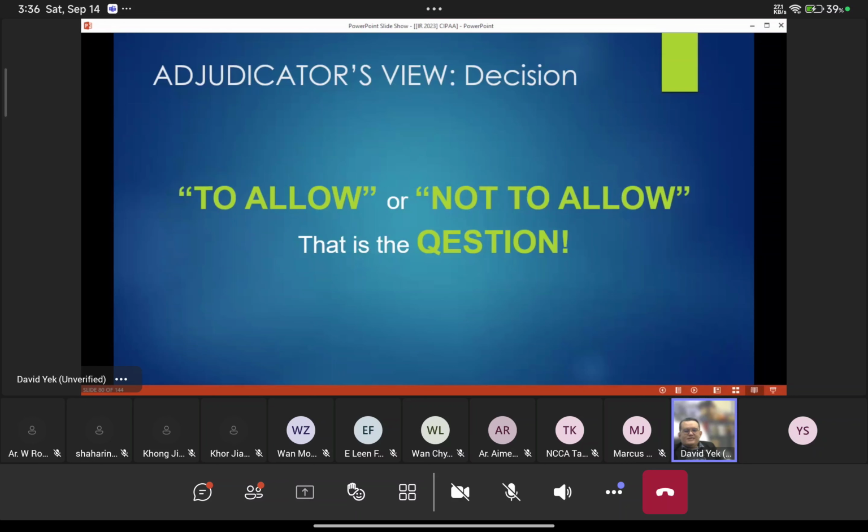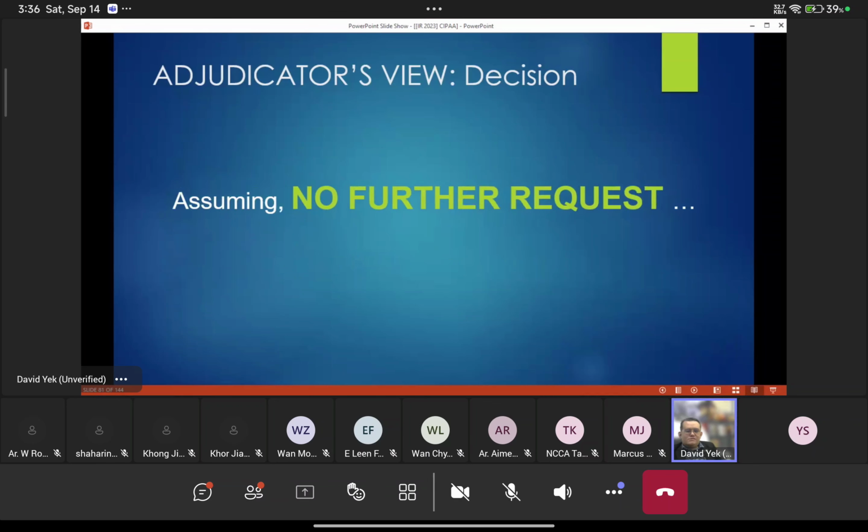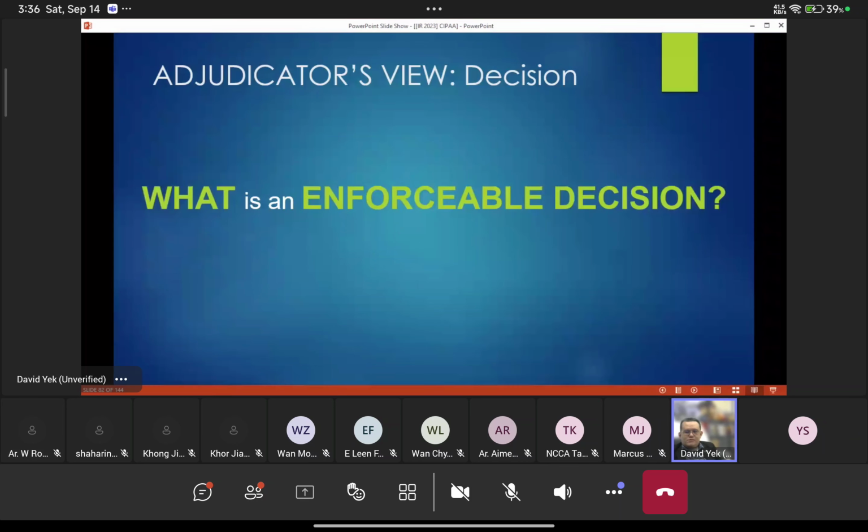You allow, also got problem. You don't allow, also got problem, because there is a case law. So this is something that you have to consider. Now, assuming there is no further request, what is inside the adjudication decision? This is something that we want to explore.